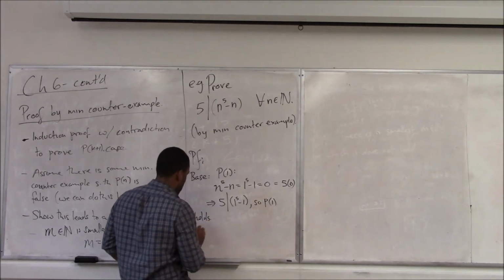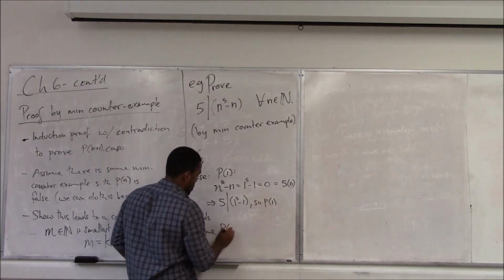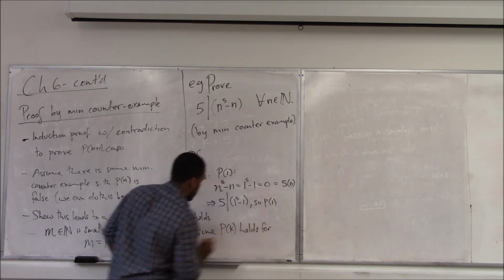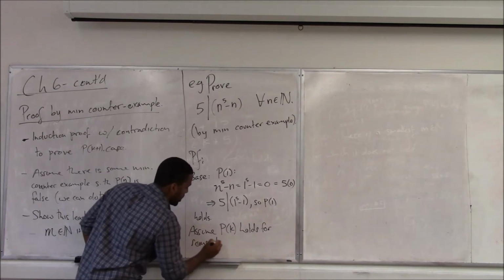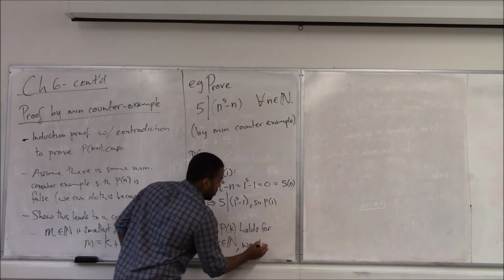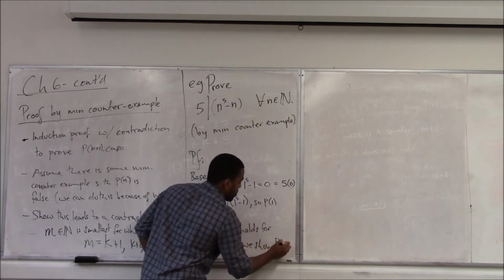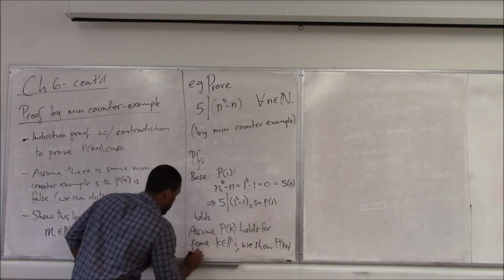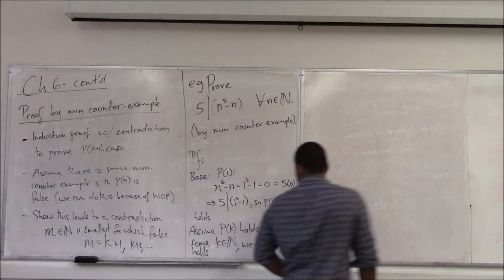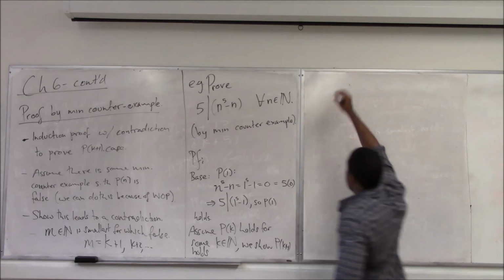And so we're assuming P(k) holds for some k. We show P(k+1) holds. Right, so it starts out pretty much like a regular induction proof. The thing is, now you're going to start to change tactics.